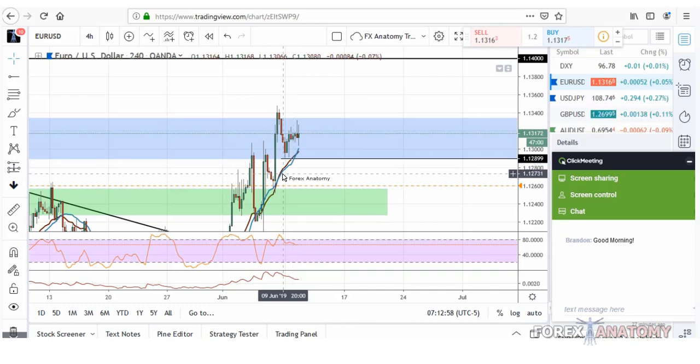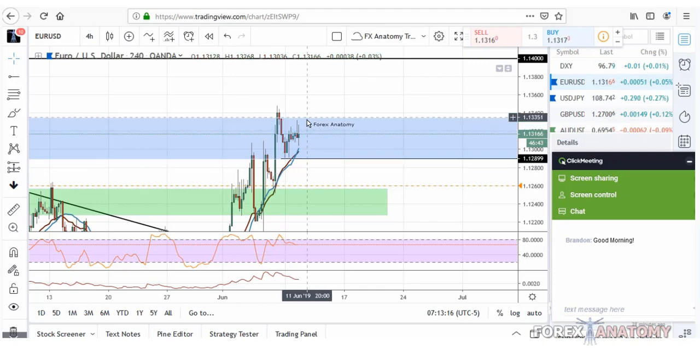It's a nice steep slope upwards, which means that there's likely still momentum to the upside. So that's the reason why we want to hold to our original bias and not panic, and just see if price could really work its way to our target at around 13.35. So we'll see what happens with this particular pair.